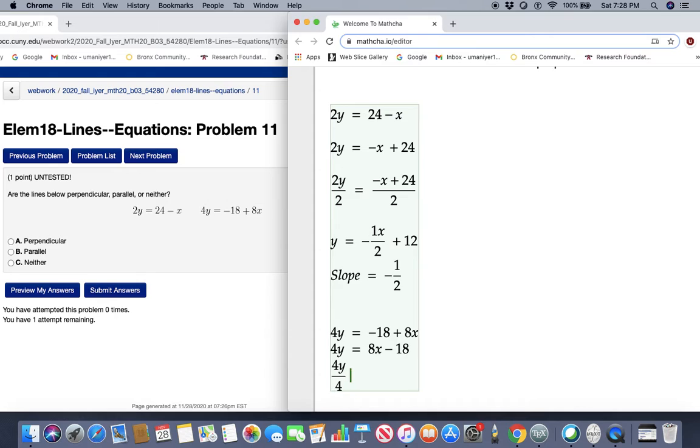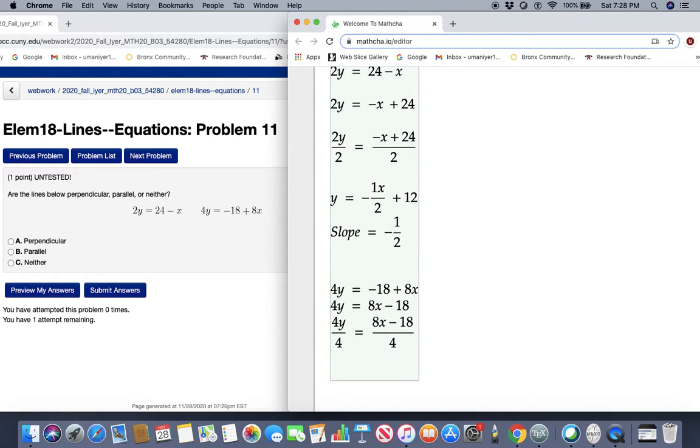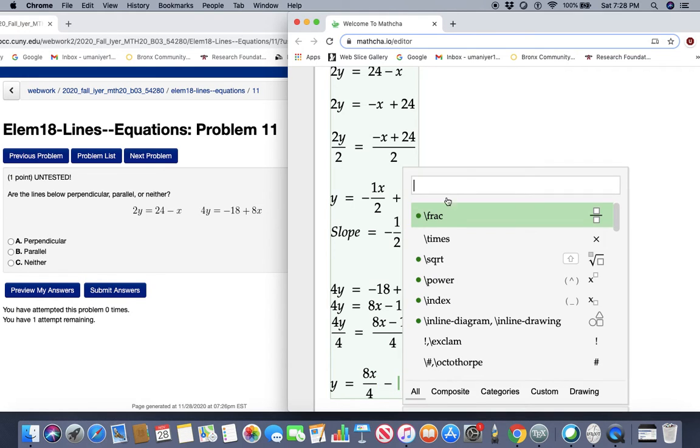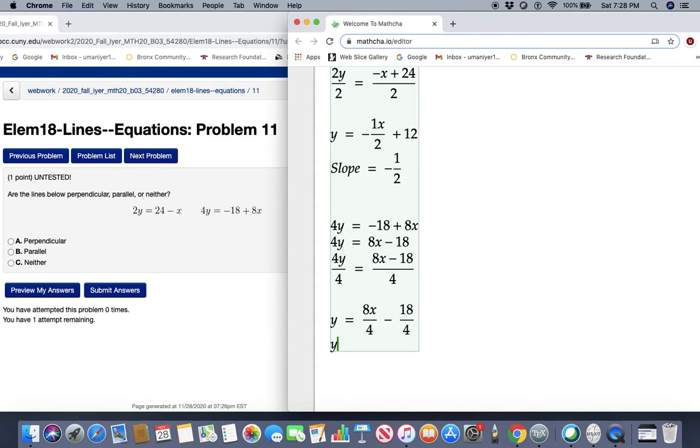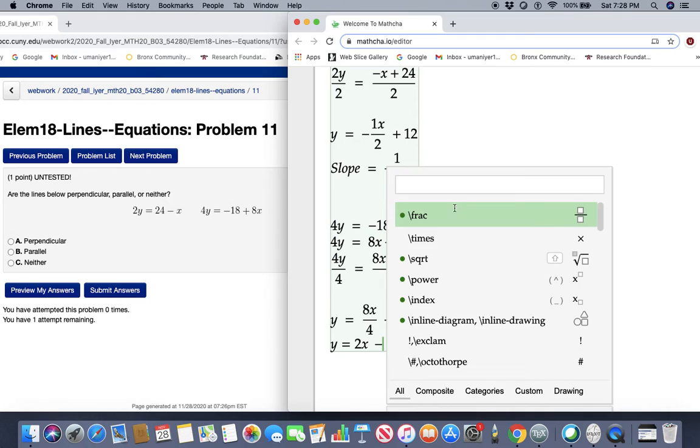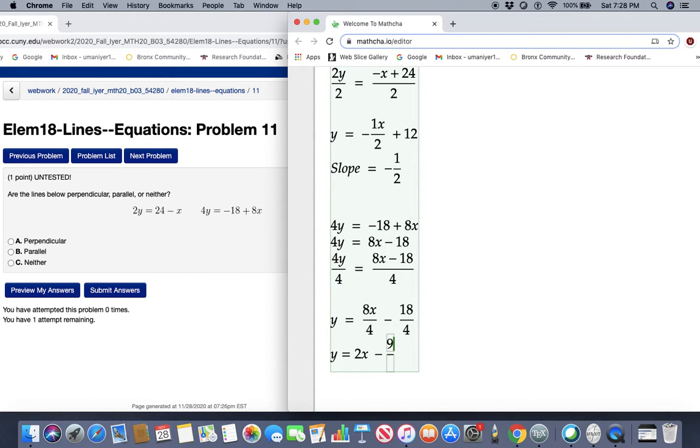4y divided by 4 equals the right hand side, 8x minus 18 divided by 4. So these two cancel and I get y equals, division distributes. Okay, so this is 8x over 4 minus 18 over 4. So notice this tells us y equals 2x minus, I may reduce it, you see 2 goes in both, 9 over 2.